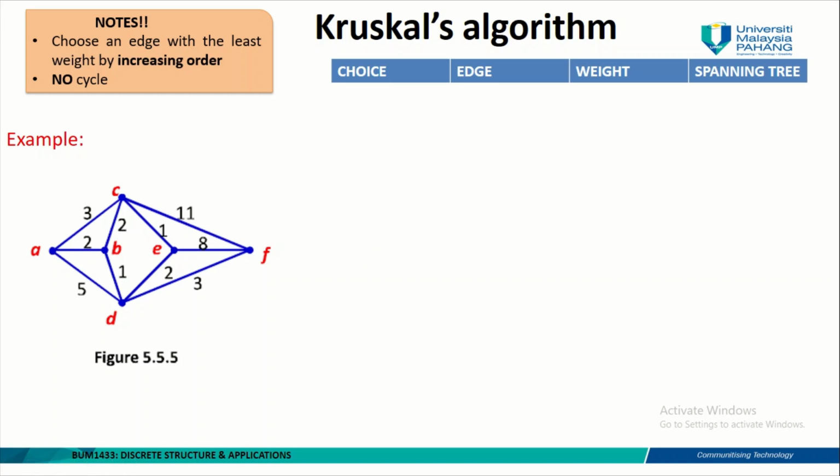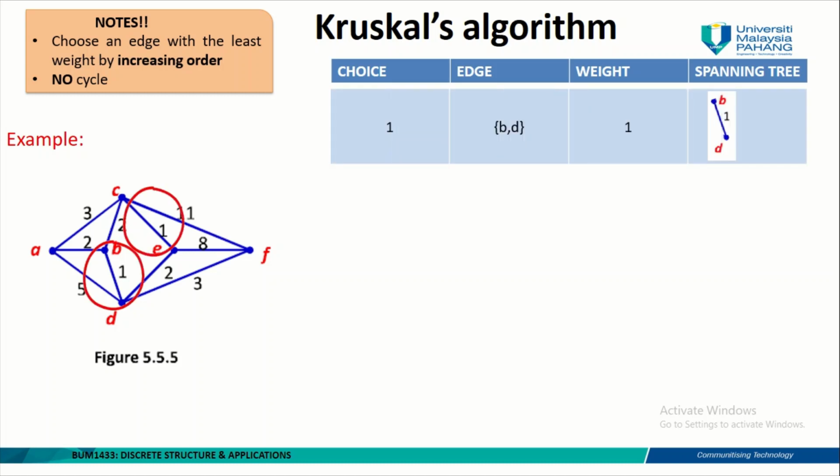Okay. So let's see. In figure 5.5, we need to choose the least wedge, which is 1. So BD here and CE have the wedge 1. So you can choose either one. Let's say I choose BD here with the wedge 1. So we are already done with BD.